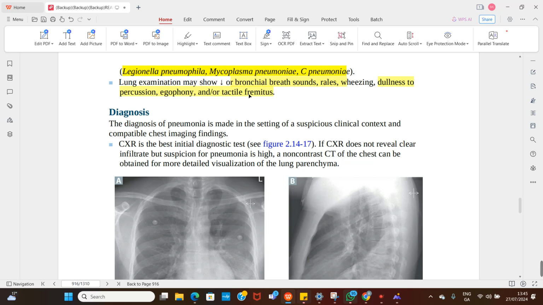If you tell them to say E, it's going to sound like hey, which has a higher pitch than E. So that's egophony. Then if you do your tactile fremitus, it's going to be elevated. So that's suggestive of consolidation from the pneumonia. So don't forget that elevated tactile fremitus, egophony, dullness to percussion, increased or bronchial breath sound, rales or crackles are all suggestive of pneumonia.